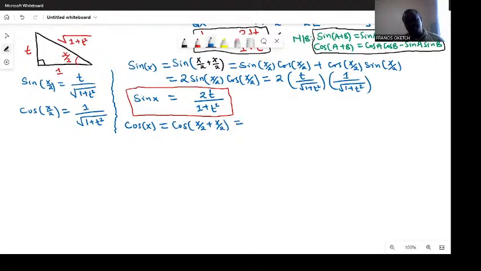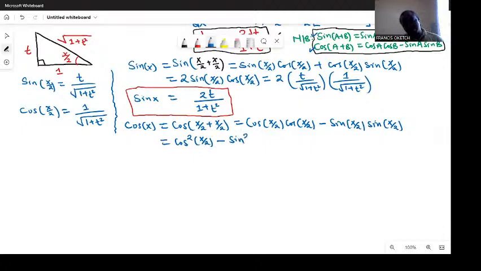And when you use identity number 2, the first one was for sine A plus B, the identity for cosine A plus B will give us cos x over 2 times cos another x over 2 minus sine x over 2 times another sine x over 2. And so this is the same as cosine squared of x over 2 minus sine squared of x over 2.